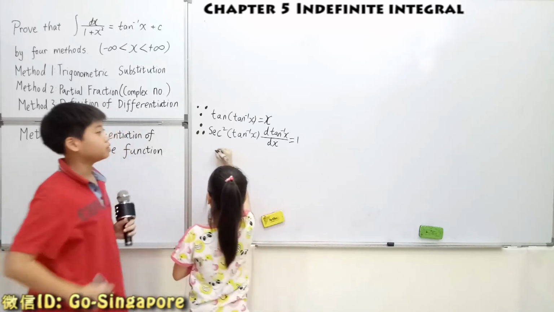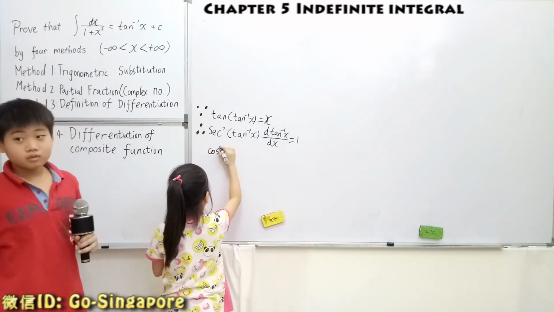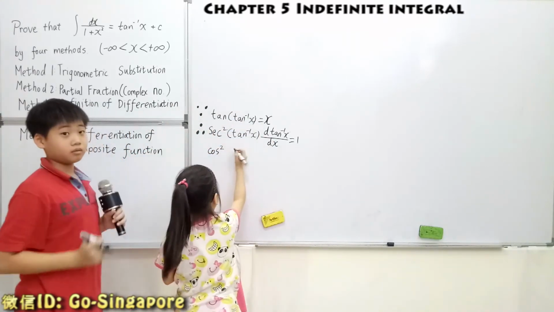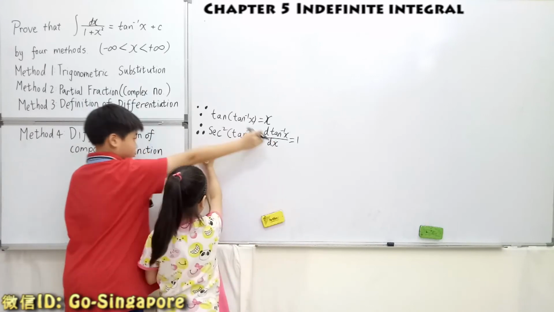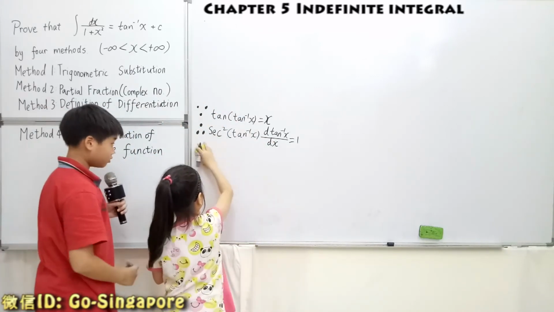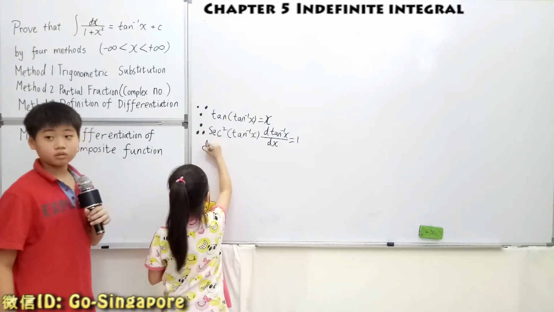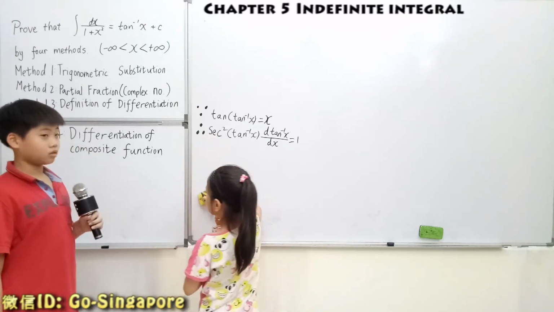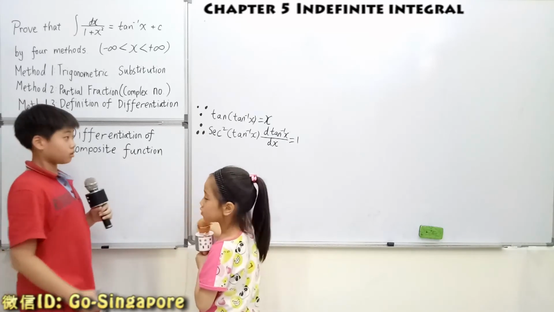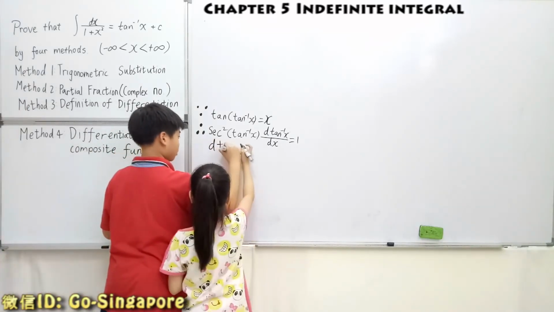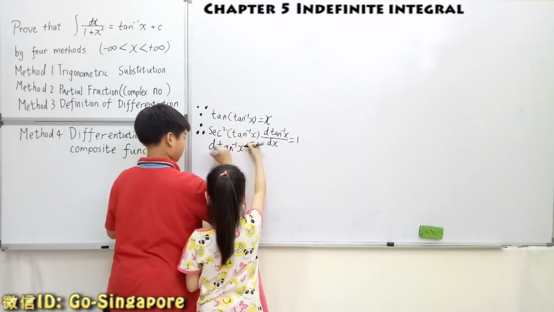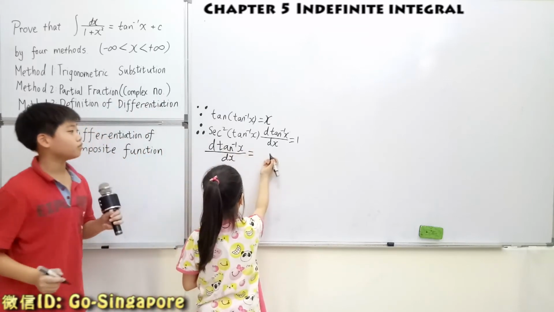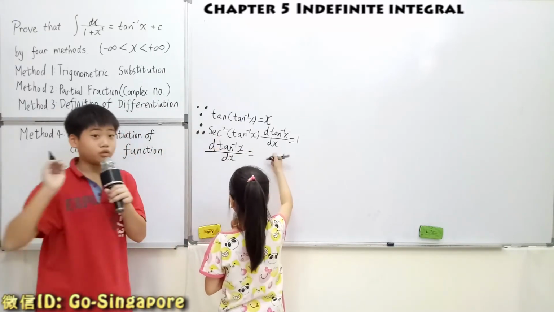So continue over here. You write this first. So remember, this is 1 over cosine.